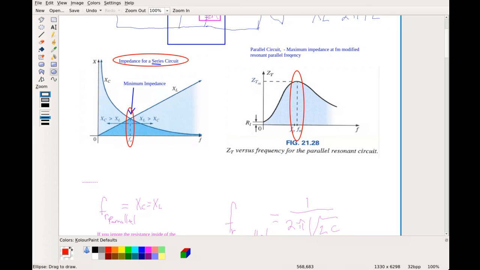We've seen this all through even DC circuits: series and parallel, they flip. So a series resonant circuit is going to be at minimum impedance, and a parallel resonant circuit is going to have a maximum impedance at that frequency, or shifted a little bit due to the resistance.